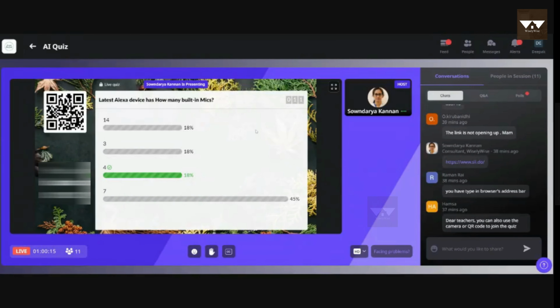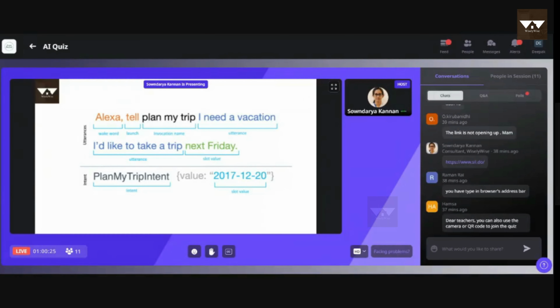There is a picture coming for you, and then we'll move on to the question. Here you can read this. There are things called utterances and intent, and each has been explained.